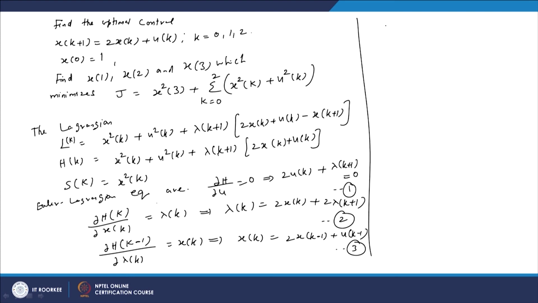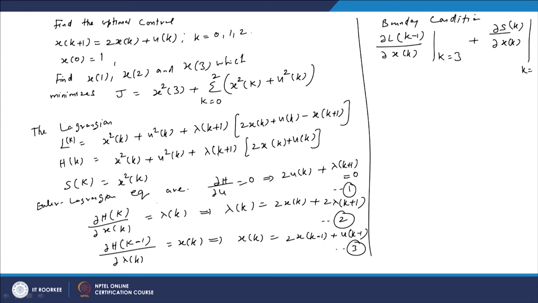So, the boundary condition is del L k minus 1 by del x of k at k equal to 3, that is the final time. Similarly, del S by del x k at k equal to 3, that will be equal to 0.